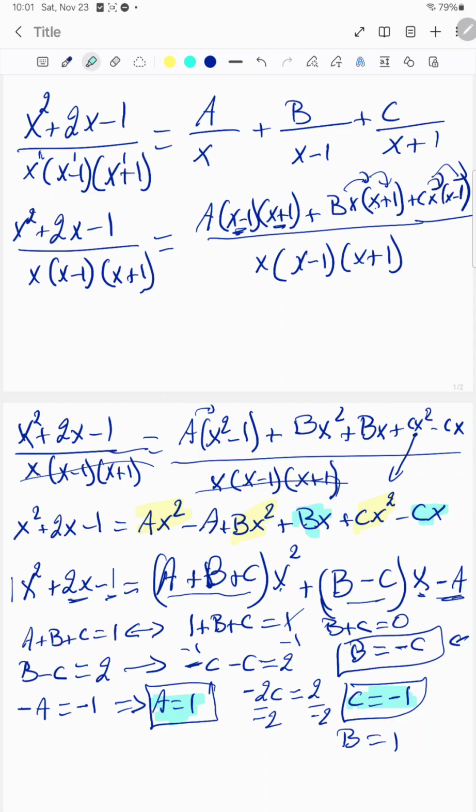So let's highlight it. So now I have a divided by x plus b divided by x minus 1 plus c divided by x plus 1.